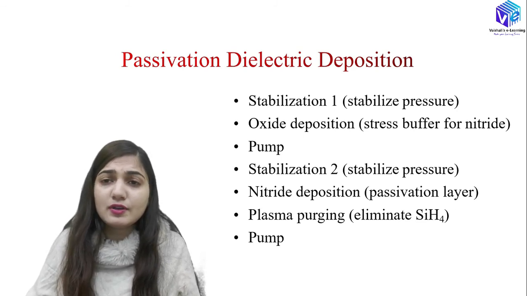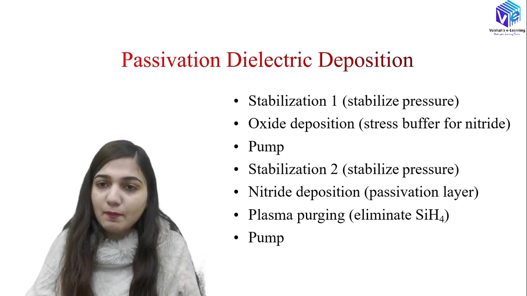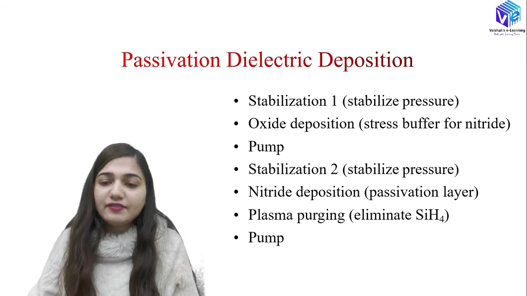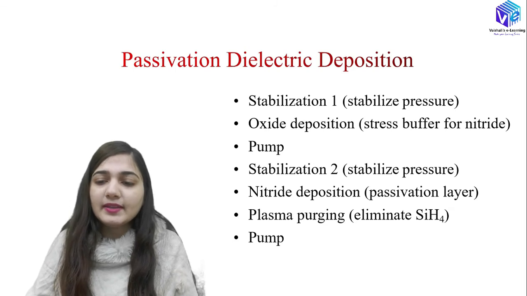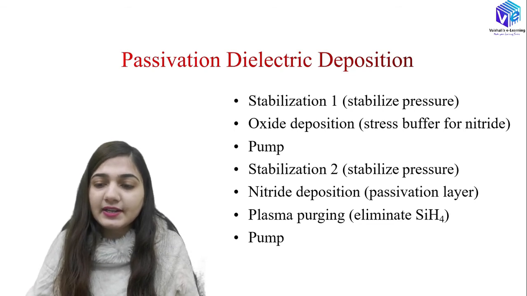Nitride layer is going to give a big stress towards the chip, and we don't want that, okay? A lot of deformities can be caused by the high stress from the nitride layer. We have to avoid that, so we are forming the first oxide layer. After that, we are going to do the pumping, and then we are going to stabilize the pressure again. This is called the stabilization 2. Okay, then we have the nitride deposition.